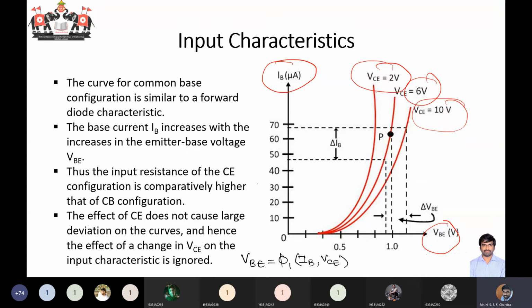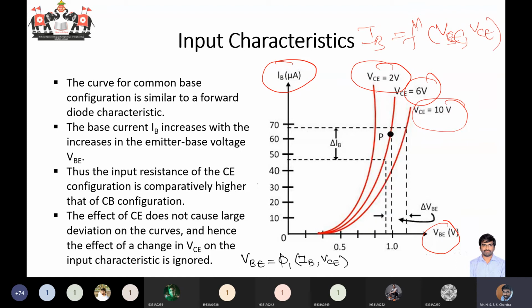So I can say that your IB is mostly dependent on the VBE value, because for a small change in VBE you can see a large change in IB value, and it also depends upon the VCE value.